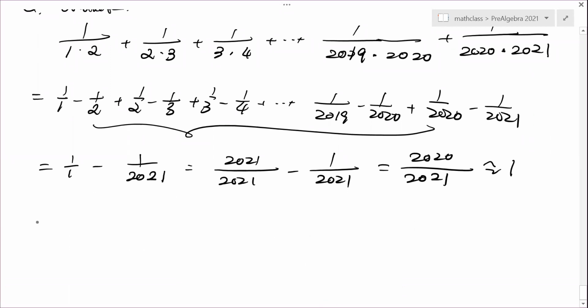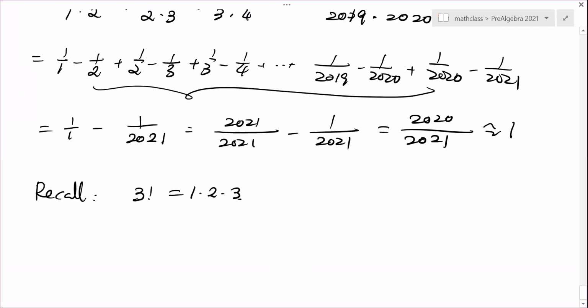Okay. Remember, I think we introduced a notation before, right? Like 3 factorial is going to be 1 times 2 times 3. It's a product. This is just a notation. 6 factorial is 1 times 2 times 3 times 4 times 5 times 6. But you can always stop here.